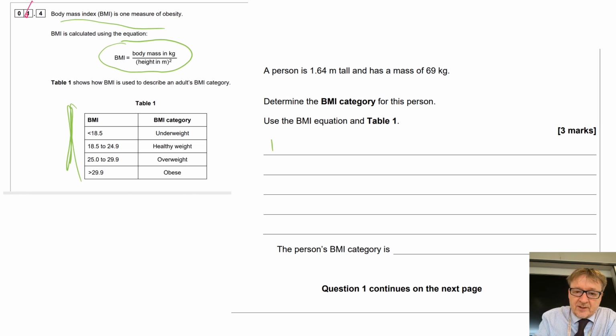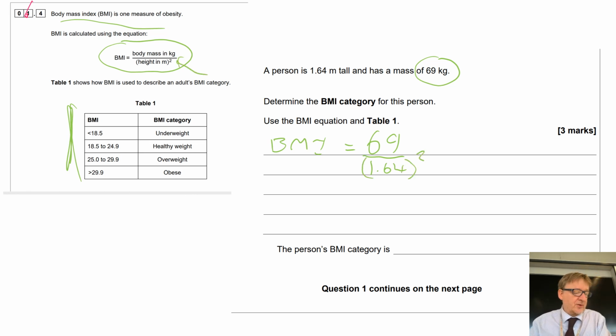Okay, so I'm now going to write down the formula. BMI equals body mass in kilograms. So I'm going to look for my mass in kilograms, which is 69. You just got to do your calculations every single time. Divided by your height in meters, 1.64 squared. Okay, don't forget the little squared that's up there, because all of a sudden that would be throwing marks away.